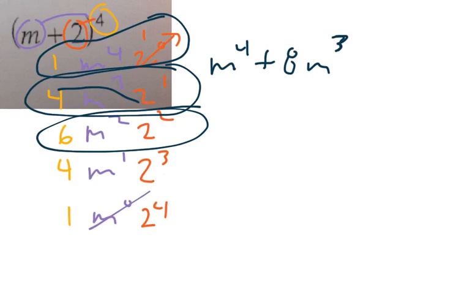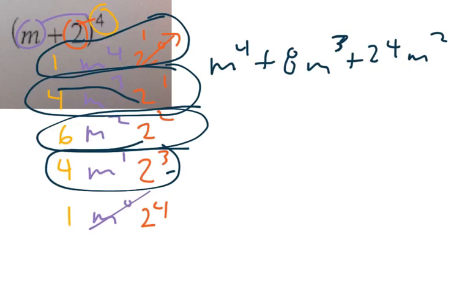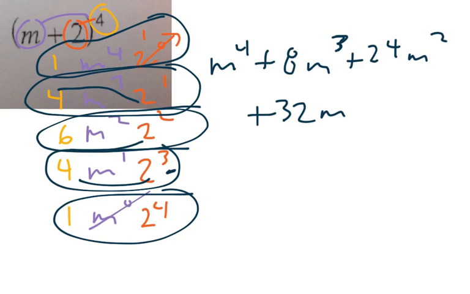Next row, notice I'm going to do 6 here. 2 squared is 4. 6 times 4 is 24 m squared. Next one right here, I know 2 to the 3 is 8 times 4 is a plus 32 m. And finally, 2 to the 4 is a 16. Pause the video if you need to.